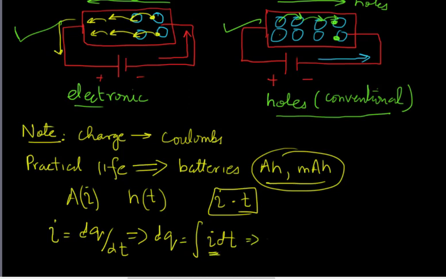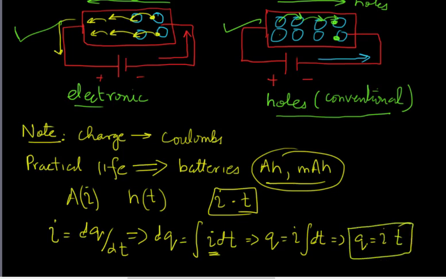In that case, q equals I integral dt, and finally q equals It. So dimensionally speaking, ampere times hour is the same as electric charge, but the only difference is that we are using hours instead of seconds. If we were to convert the hour into seconds, your battery capacity would be simply in coulombs.